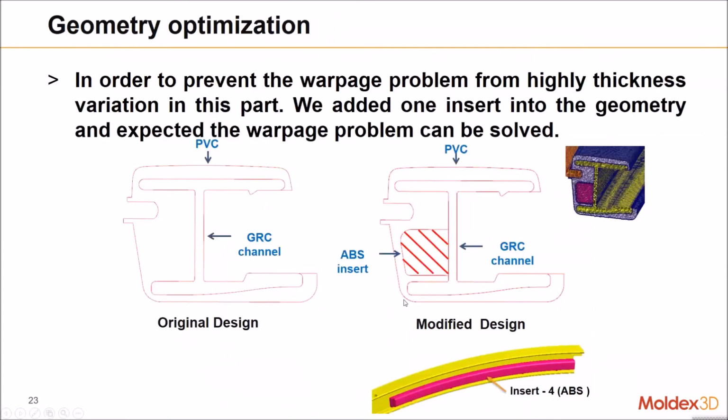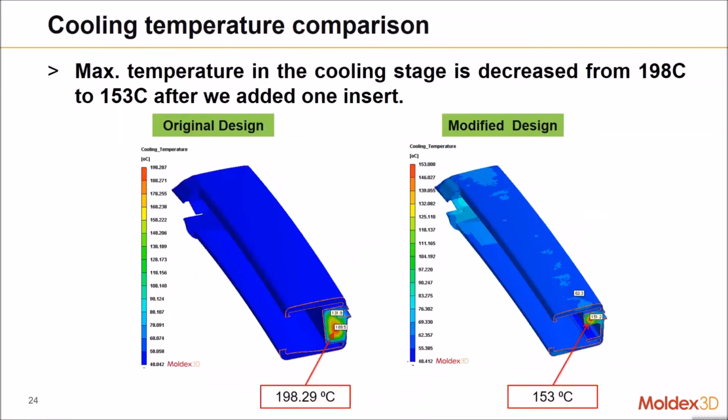In order to solve this problem, we modified our geometry and added one insert in this design. The left one is the original design. The original design doesn't have the ABS insert, but after the modification, we added one ABS insert in order to get a balanced temperature pattern and a more balanced thickness pattern. Here I show you the comparison between the two designs.